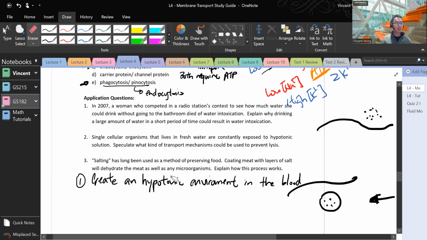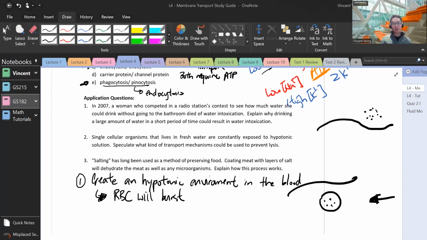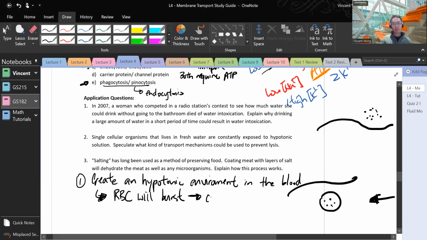And what's the consequence of that? Well, your RBCs, red blood cells, will burst. Okay, so if you have a lot of red cells bursting, then you will have, for example, anemia. Cannot transport oxygen, and you could die from that.